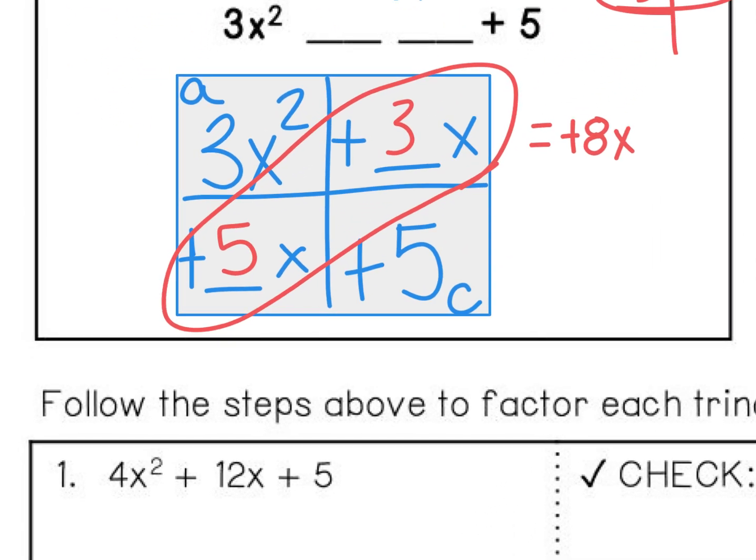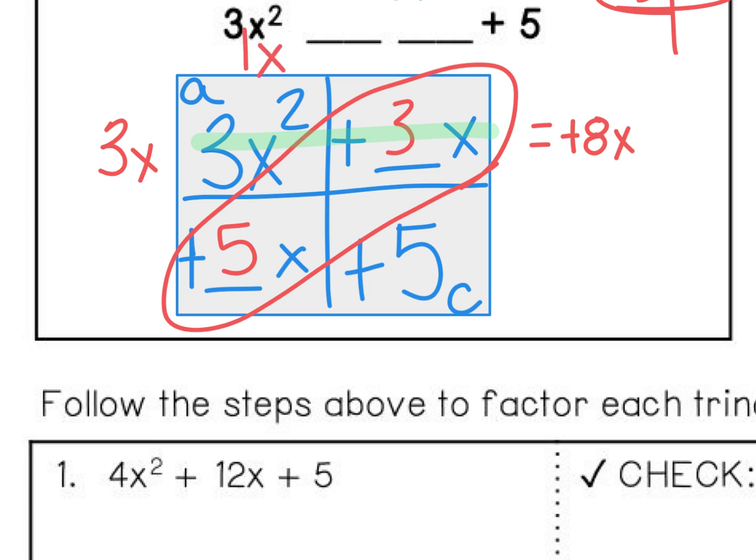And now we're taking out our GCF from each row and each column. So let's look for a GCF. Going across here, what's the GCF between 3x squared and 3x? What do they have in common? 3x. So now you're just working backwards to fill in the rest. 3x times something is 3x squared: just 1x, or just x.